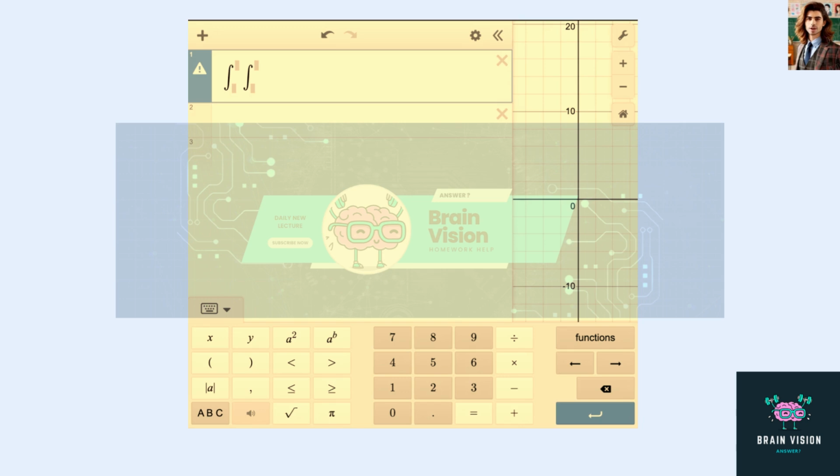So for this problem, we're going to be evaluating a surface integral. And to do so, we're going to use the following formula.